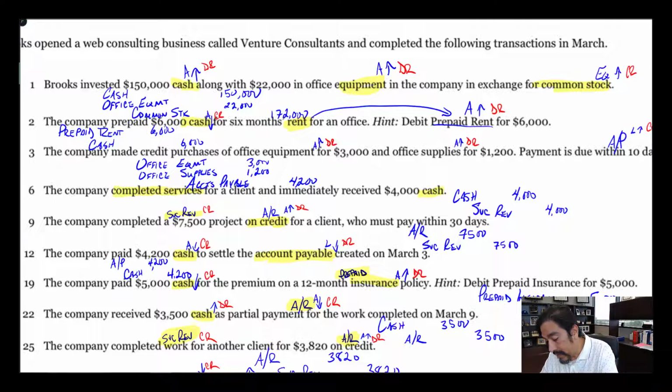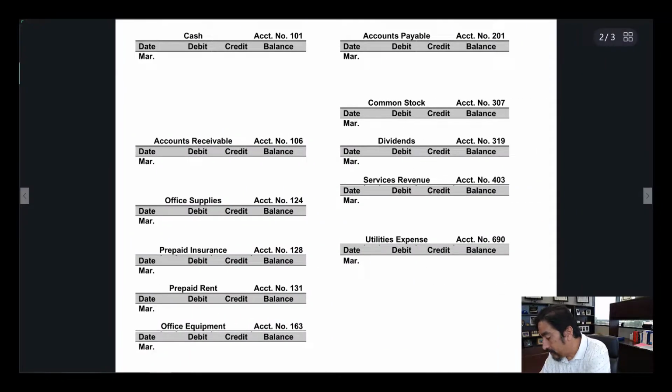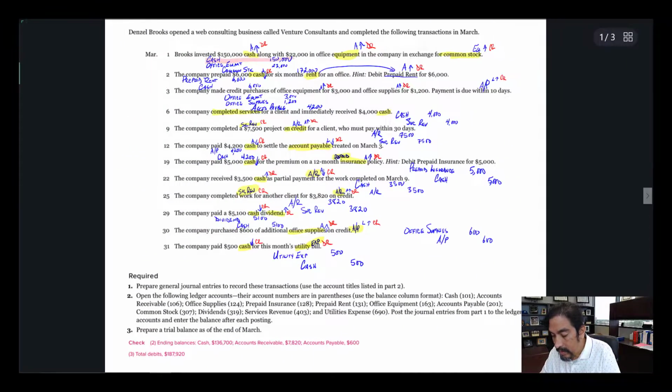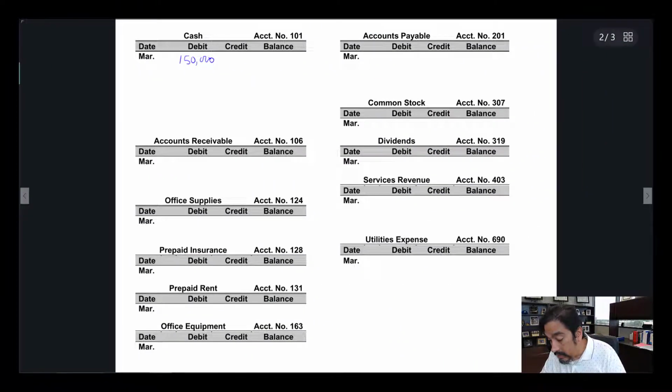So this is a debit to cash for $150,000. So I find my cash account and I put in the $150,000 debit. It's helpful to put the date there as well, so you can tie the number to the entry.